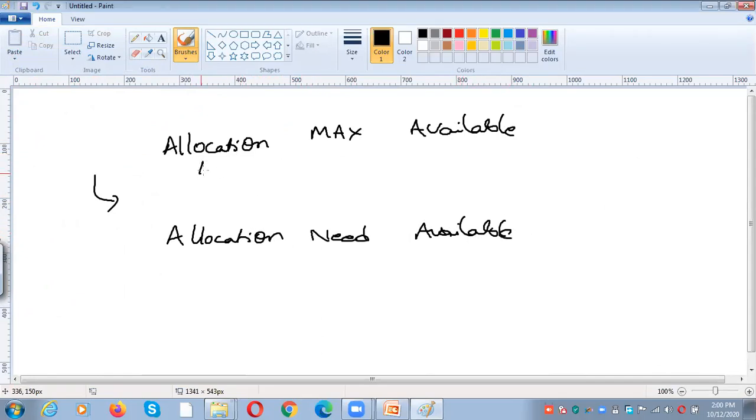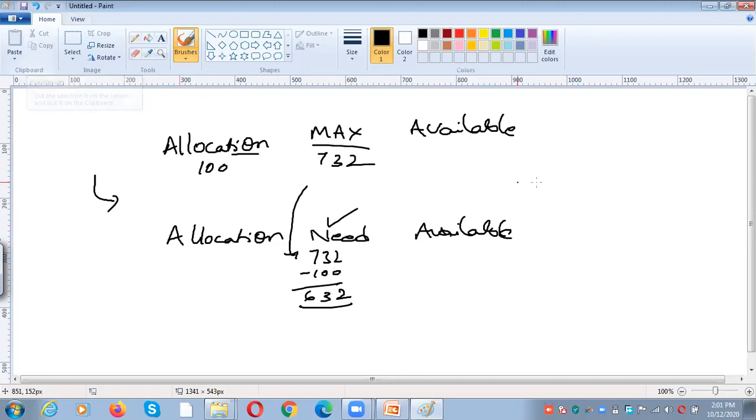For example, if allocation is 100 and max is 732, what is the need? 732 minus 100, so 236 is the need. We convert using these two data structures to get the need so that you can solve the problem easily.